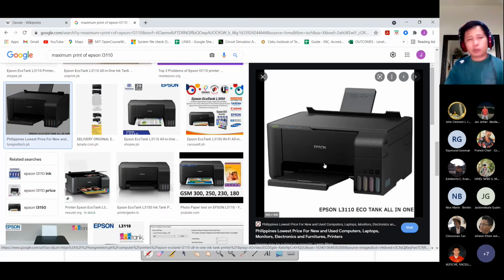Again, it can print a total of 4,000 prints. So that is an example of output.